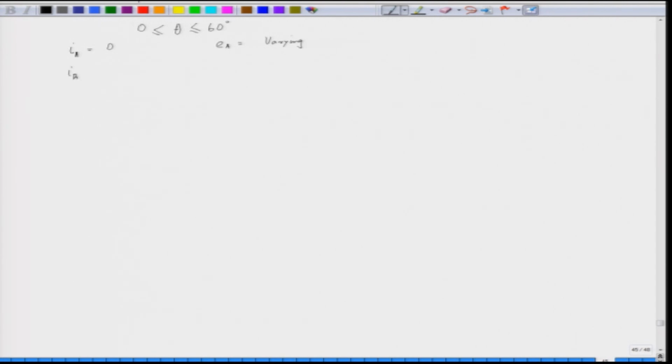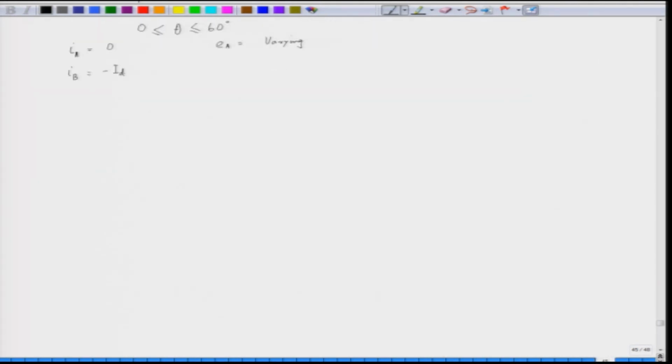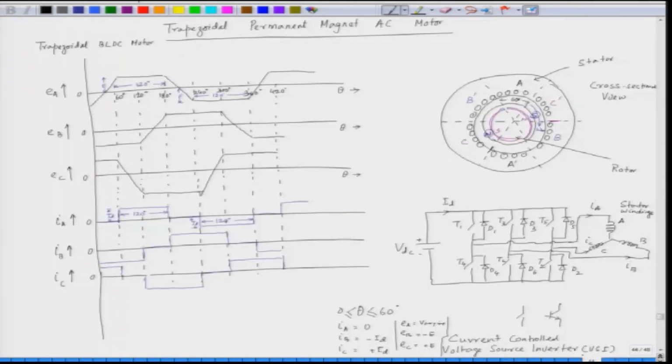IB is minus ID and EB is minus E. IC is plus ID and EC is plus E. We can very clearly see here that for the first 60 degree, IA is 0, IB is minus ID, IC is plus ID, EB is minus E, and EC is plus E.